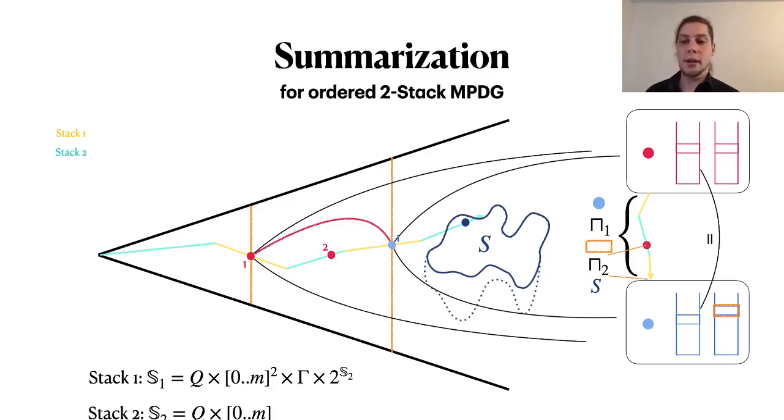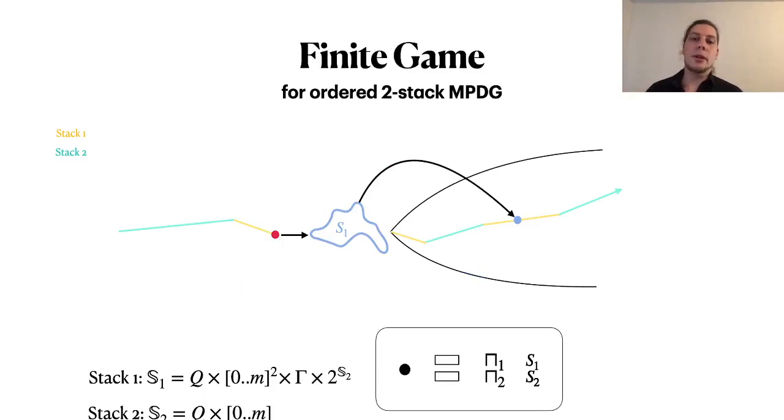So how does a finite game look when we have a pushing transition on stack 1? Well, again, Eve will just suggest any subset of the stack 1 summaries. And then Anna again pathfinds, and the interesting situation is again what happens when we actually run into a pop.